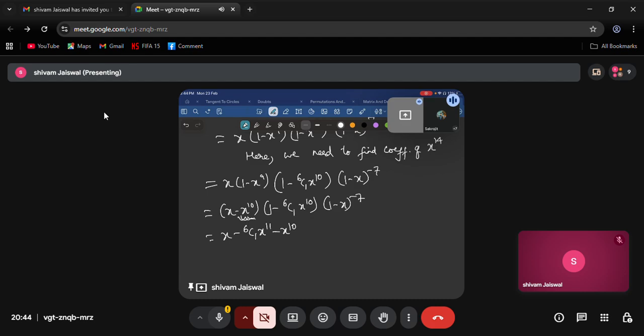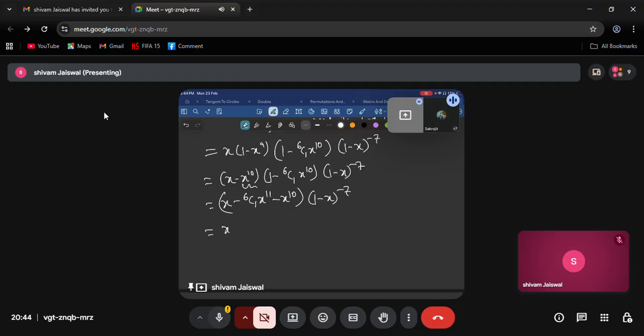Do we require the multiplication of the last two? No, it will be x to the power 20, it's exceeding. Multiplied by 1 minus x whole to the power minus 7. So when you expand, this will become x into 1 minus x whole to the power minus 7 minus 6C1 into x power 11 into 1 minus x whole to the power minus 7 minus x power 10 into 1 minus x whole to the power minus 7.